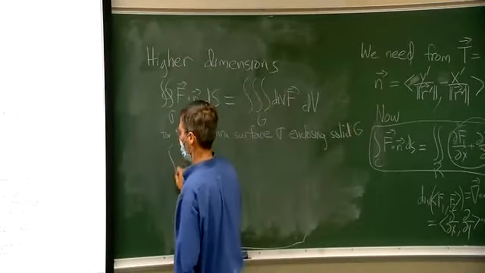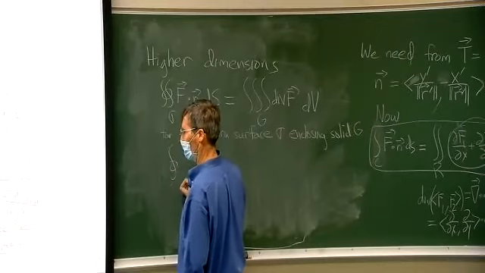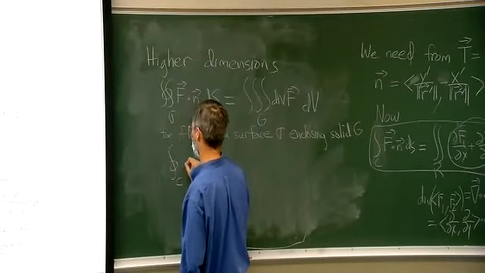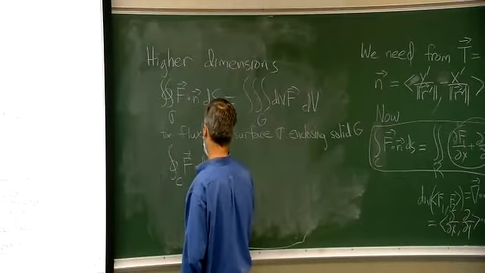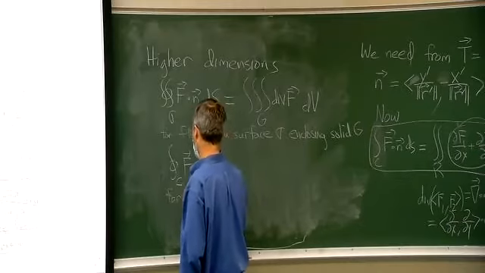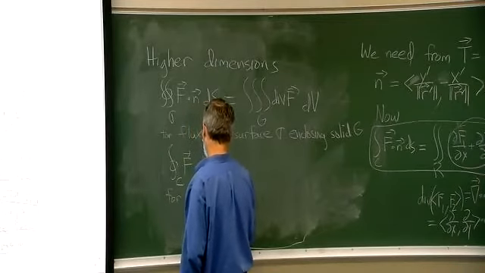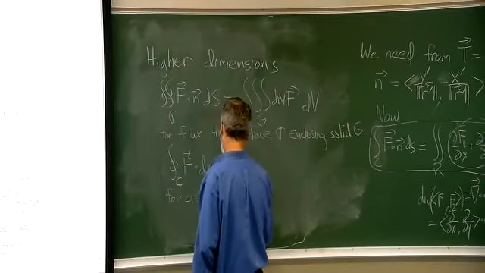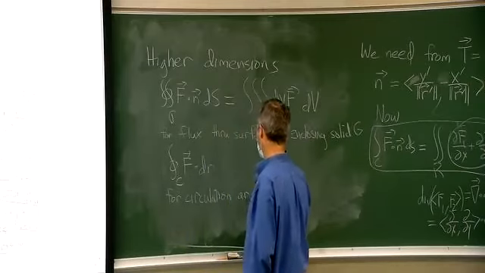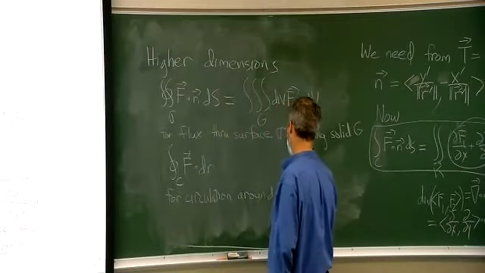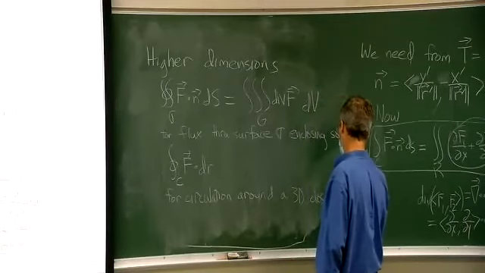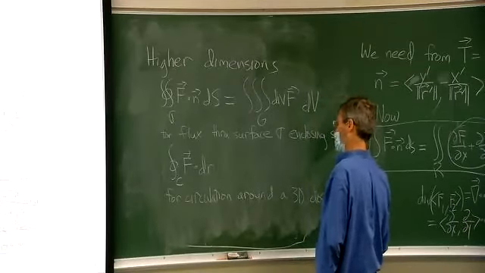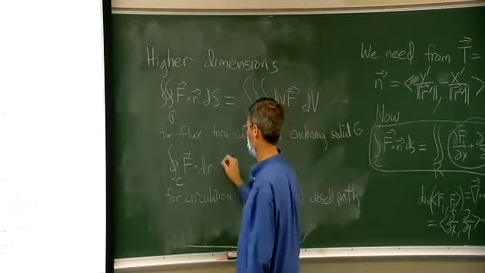And then the line integral, the circulation along a path that moves in three dimensions but is closed, F dot dr. So this is for circulation around a 3D closed path. It has this nice interpretation.